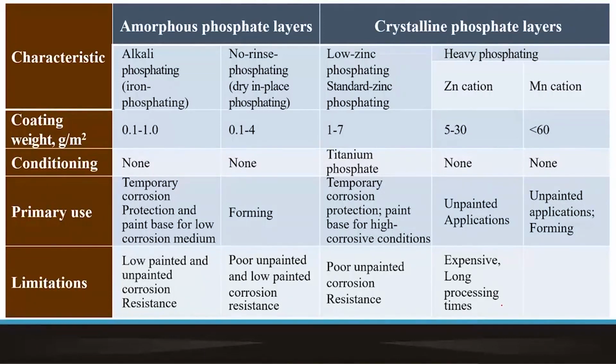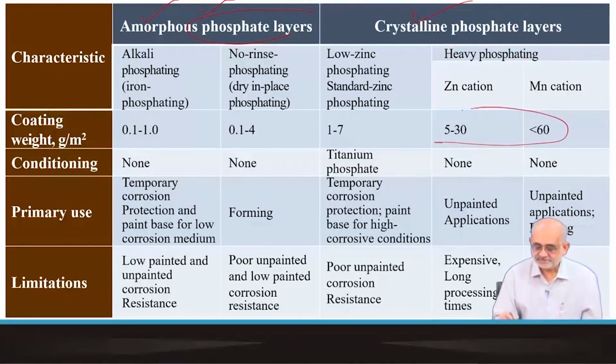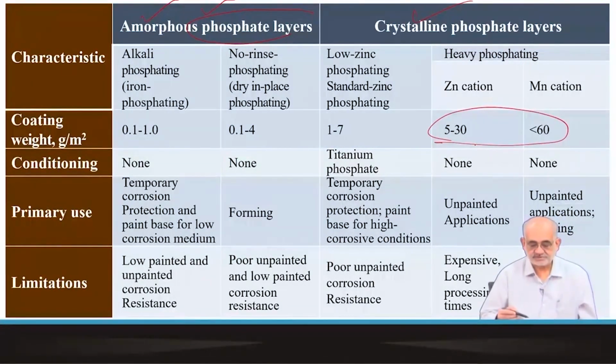Just a comparison, as I said: depending on the defect density, the process parameters and the conditions, the phosphate layer that we form can be either amorphous or crystalline. If it's crystalline, then of course the coating thickness and the amount that we deposit is higher. But in the case of an amorphous layer, we have more porosities and defects.